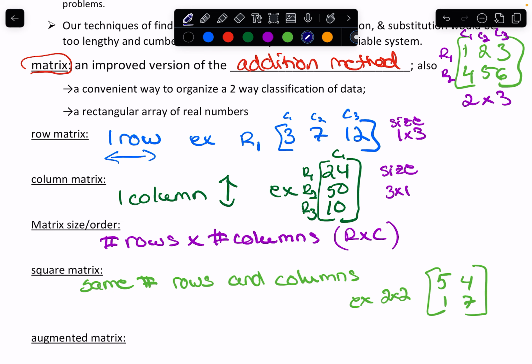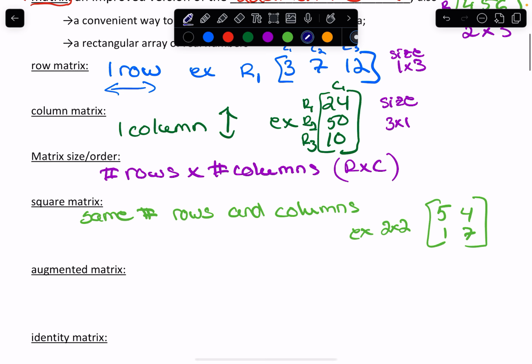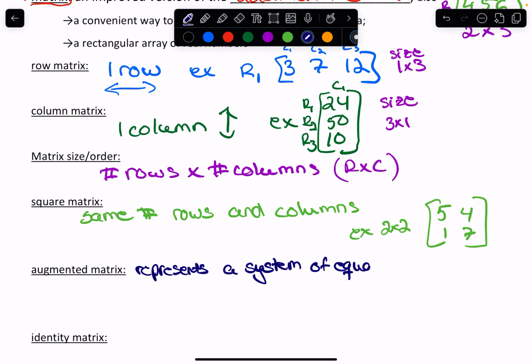Next one, we're going to look at what's called an augmented matrix. An augmented matrix represents a system of equations.